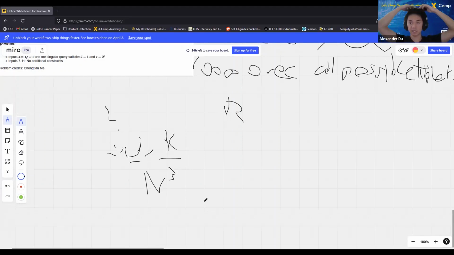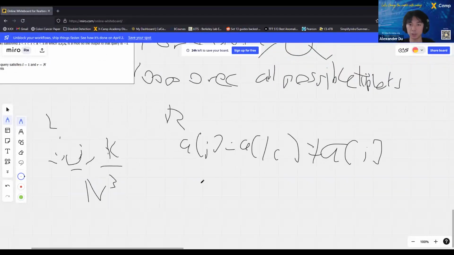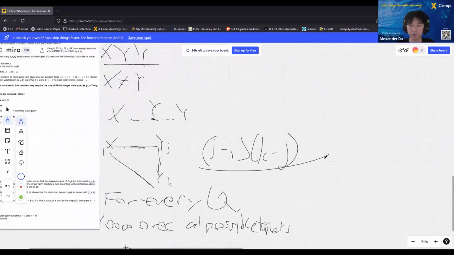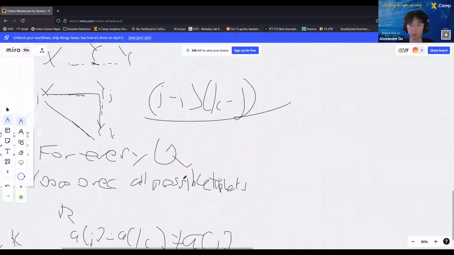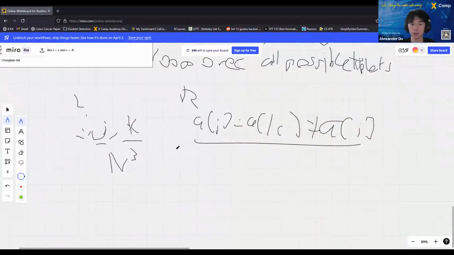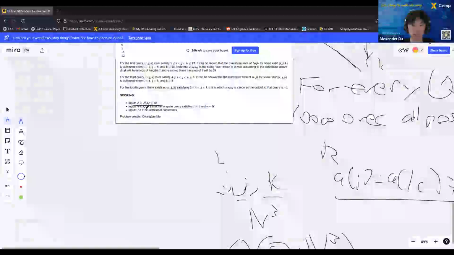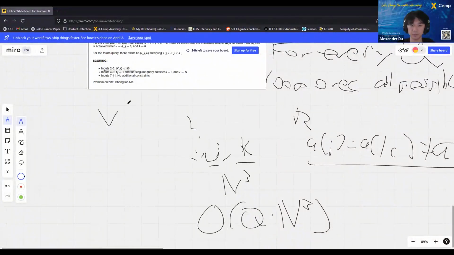Once we have a fixed i, j, and k, we just have to make sure that A of j equals A of k, not equal to A of i. If this condition is satisfied, it's a valid moo triplet. Then we compute the value with the formula and compare it to the best answer found so far, and output the max. So it's n cubed per query, which means the overall time complexity is O of Q times n cubed. For n and Q less than 50, that works. That's the most straightforward solution.